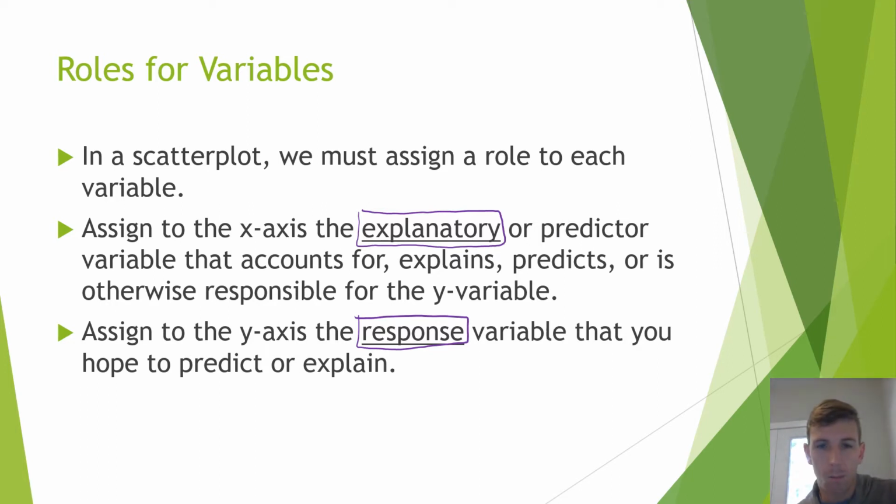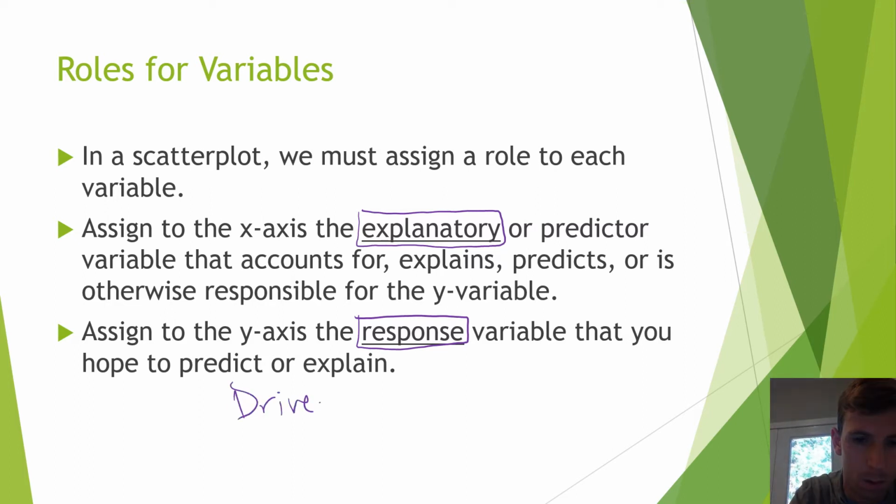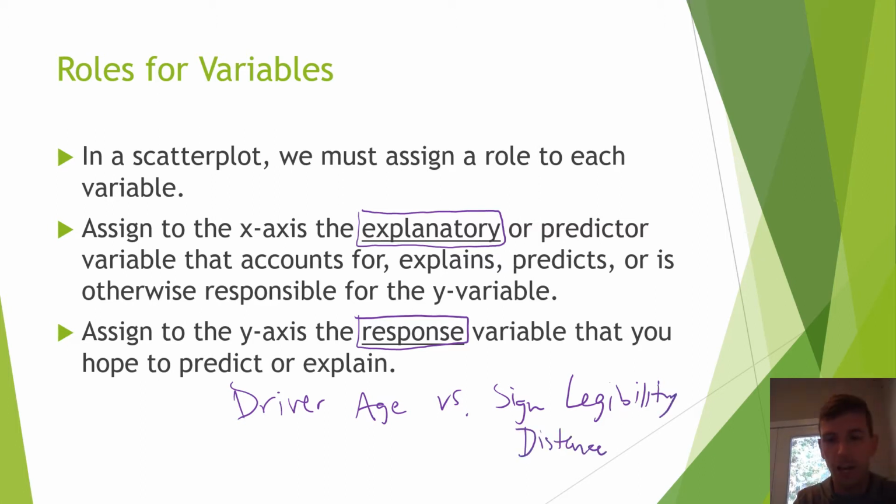So here, in our previous example, we had driver age versus sign legibility distance. Sign legibility distance, by the way, is just how far away they can read the sign when they're driving.